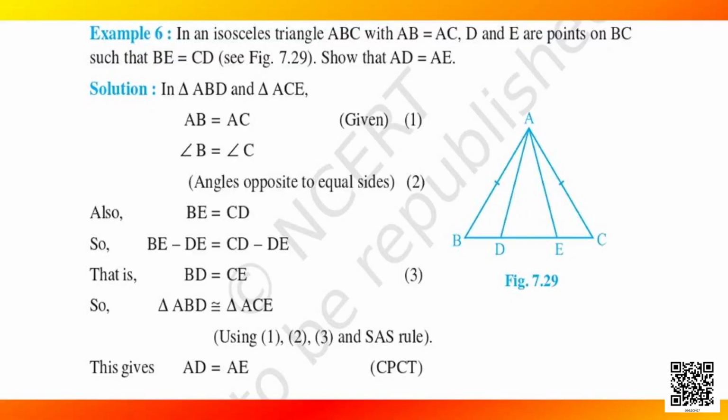Okay. What it says? It says in an isosceles triangle ABC with AB equal to AC, D and E are points on BC such that BE is equal to CD. Show that AD is equal to AE. So let us go for the solution. Before that, let me construct the diagram. Okay.